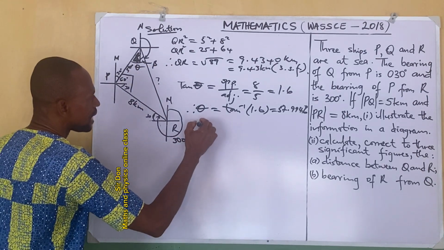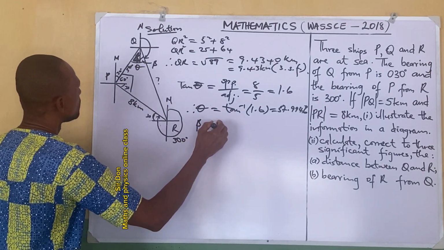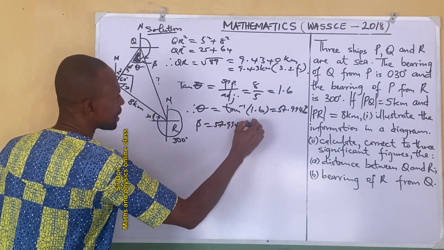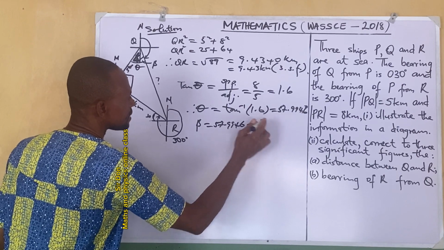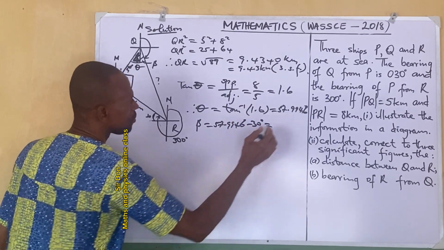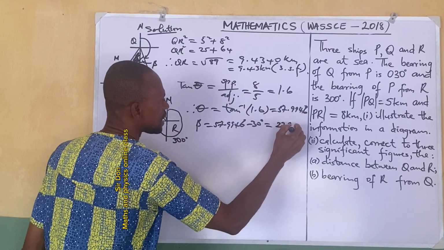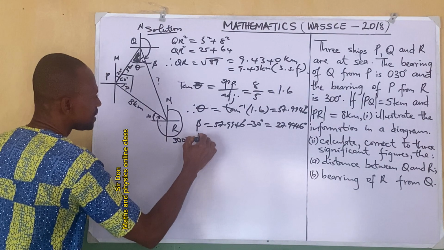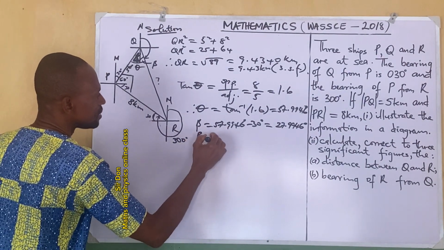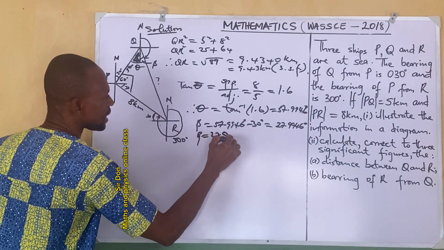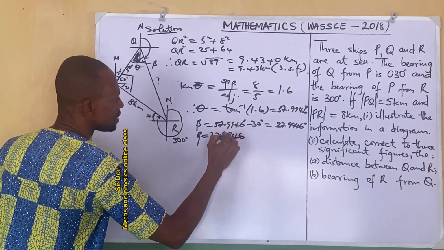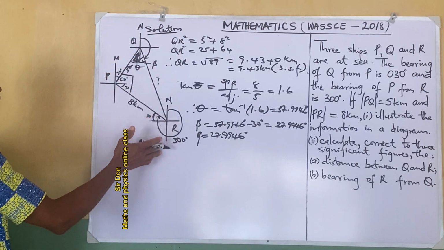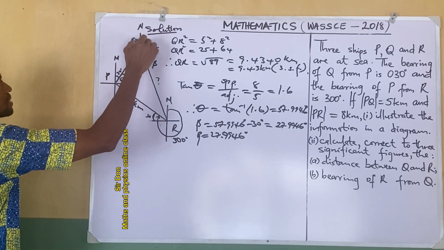So beta is 57.9946 minus 30 degrees, which is equal to 27.9946 degrees. That is the angle beta.